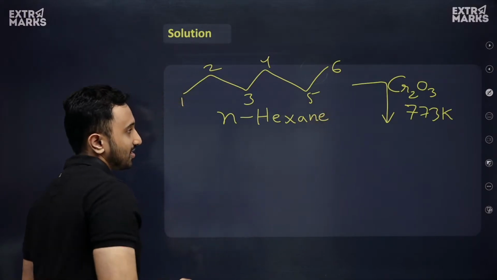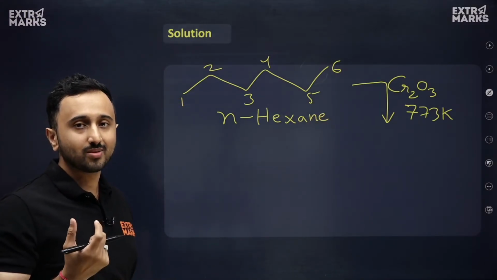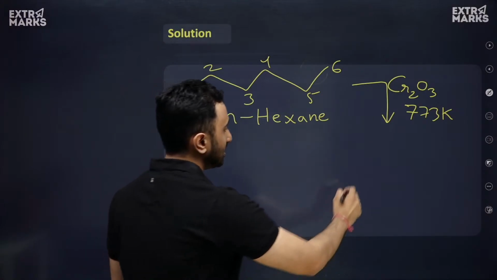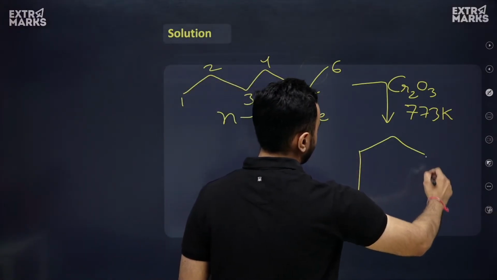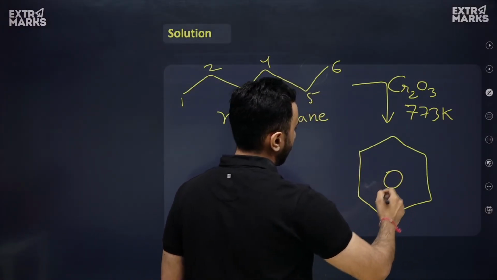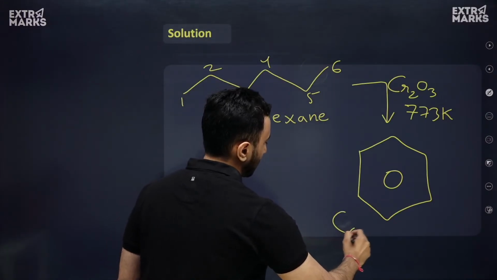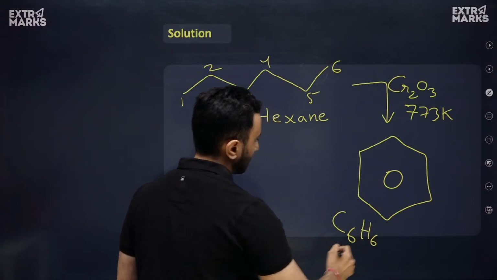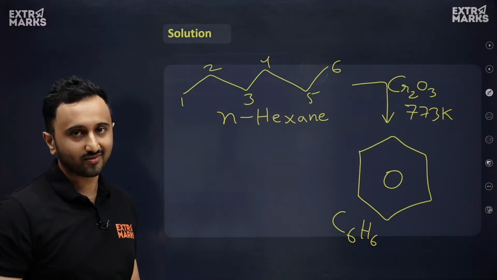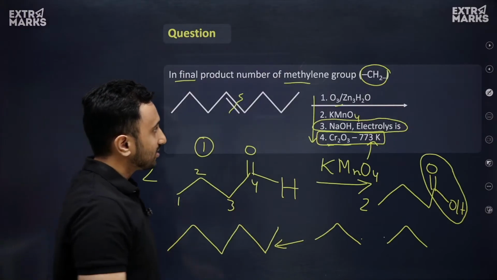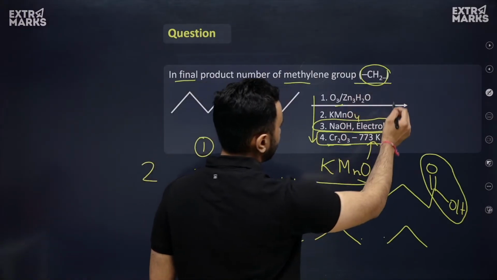This is the preparation of a very famous compound which is called benzene. You will get this compound, benzene, C6H6, right? Now we need to find how many CH2 groups are there in this compound.